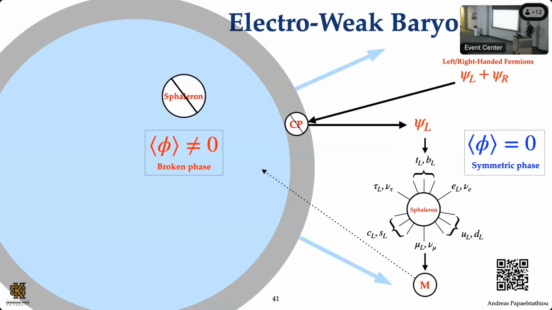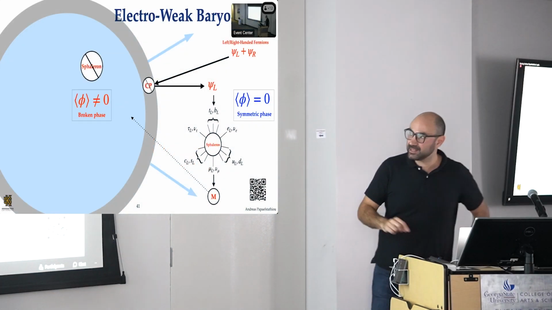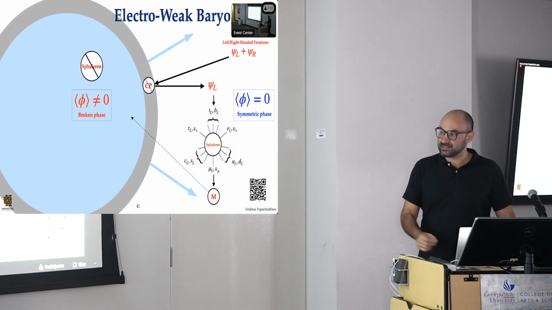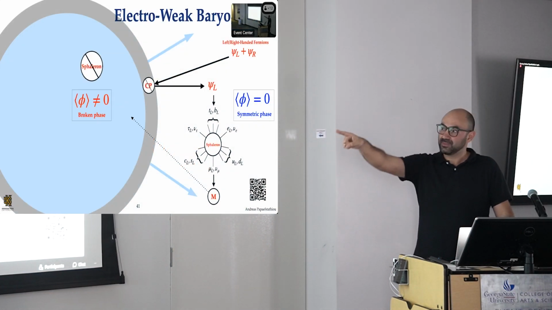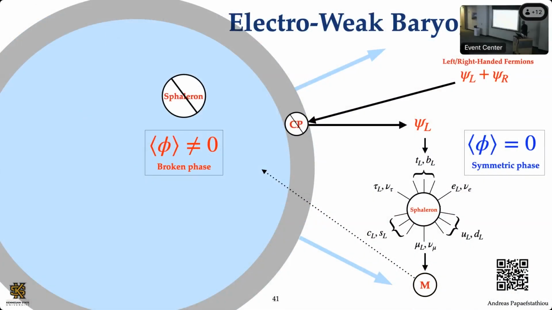Again, I'm not claiming that there's a full description of the details, but I'm just telling you the names of the processes that are involved. However, of course, if you have this process, it can go both ways, right? So in the symmetric phase, you don't really have matter-antimatter symmetry. But what can happen is, as the bubble expands, it can absorb this excess matter, and inside this bubble, the sphaleron processes are suppressed.